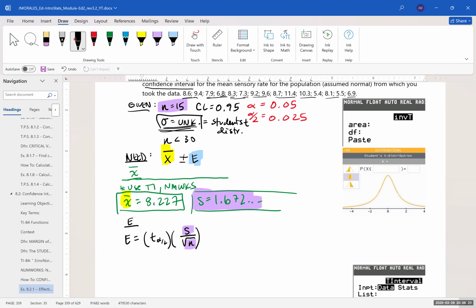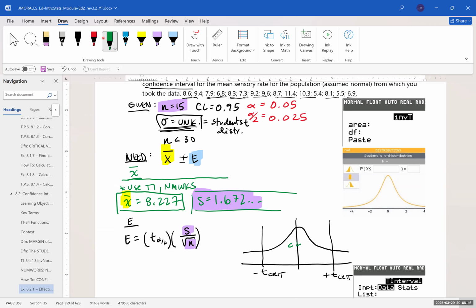So just like we did before, we can also draw this Student's t distribution. Just make it symmetrical, something like that. And it's going to be two-tailed. So this is going to be our positive t critical score, and this is our negative t critical score.